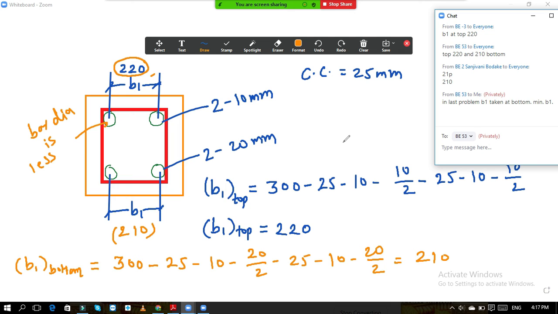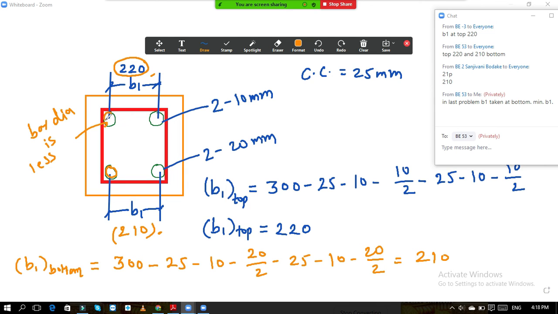Maybe the bars are the same at top and bottom, I don't remember the last problem, but now whatever I am telling you, remember this thing. B1 should be calculated where the bar diameter is less, because we want the maximum value of B1. So here if bar diameter is 20 mm, your B1 value is going to be reduced.